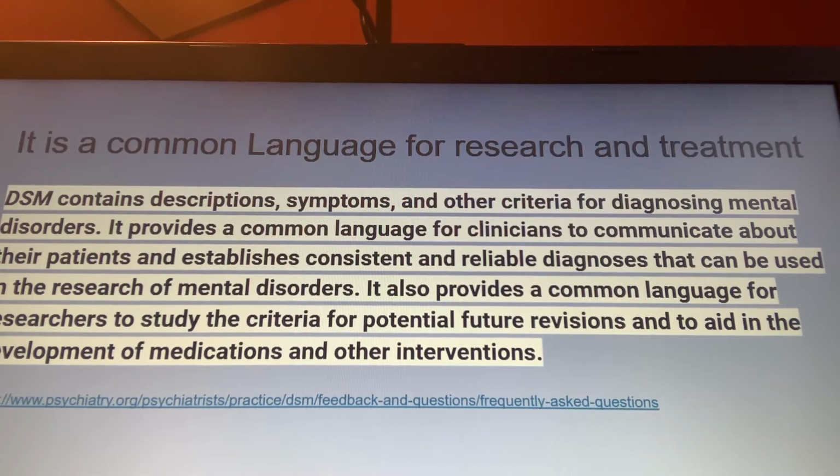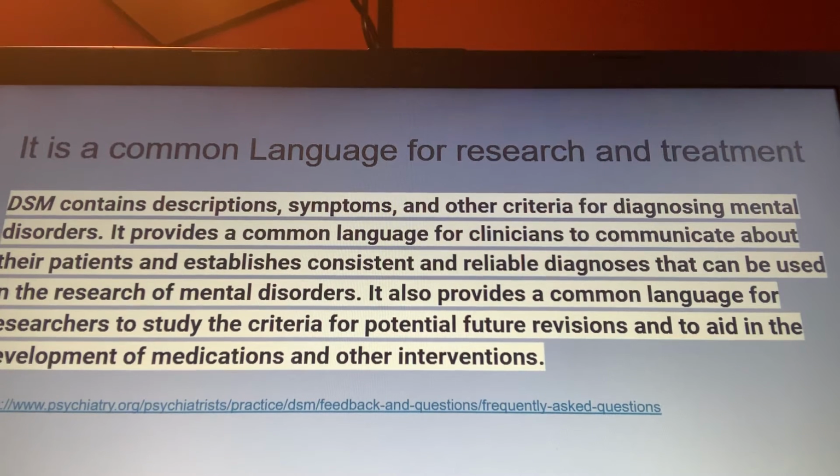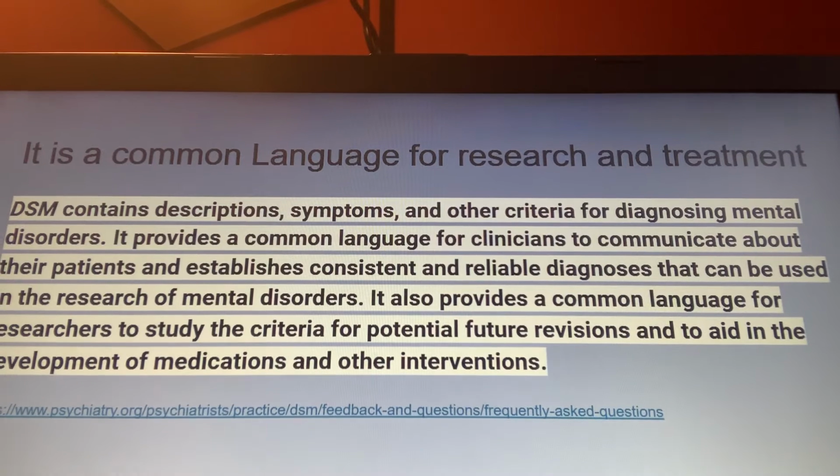So it provides that consistency that if a person was conducting research on a medication trial, for example, they could really be comparing people with the same diagnosis that have met the same criteria. And this is very important.